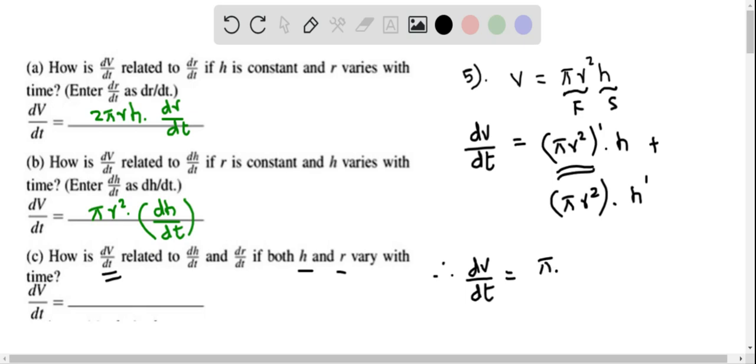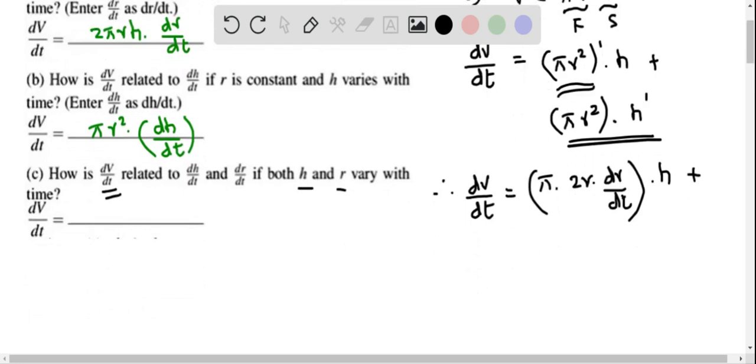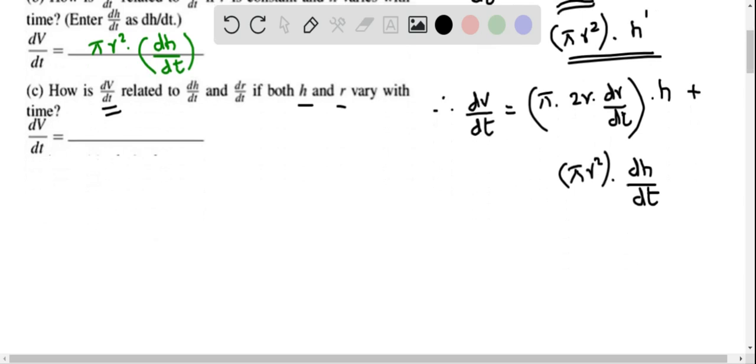Pi is a constant and the derivative of r squared is 2r, and then applying the chain rule we get dr over dt, and this has to be multiplied with the h, plus, now we find the derivative of the second expression, for h we get pi r squared multiplied with the derivative of h, which is dh over dt. So let's put this in simplified form.